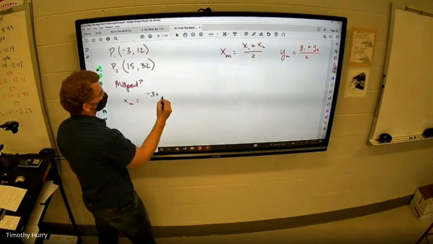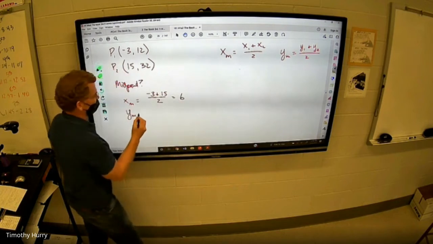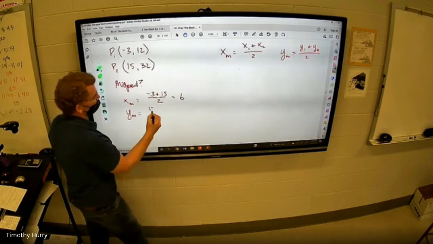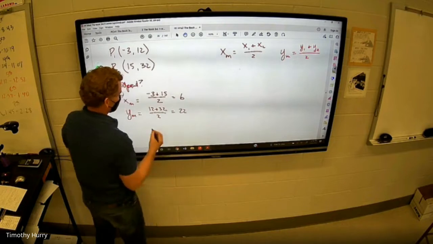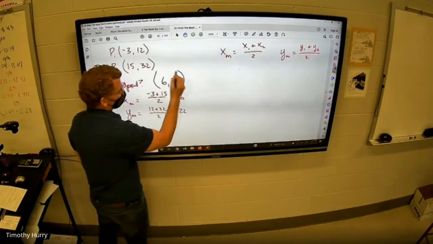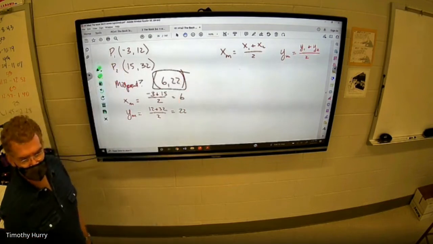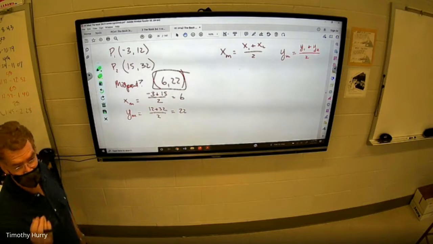To average, you add them and divide by 2. So that gives me 12 over 2, which is 6. The y coordinate of the midpoint, I average the y's. If I get a fraction, no big deal. 44 over 2 is 22. So my midpoint is 6, 22.